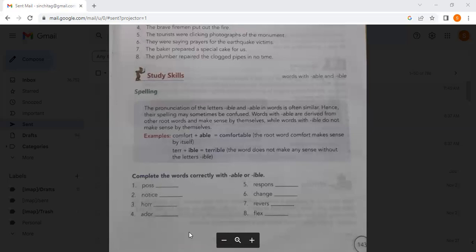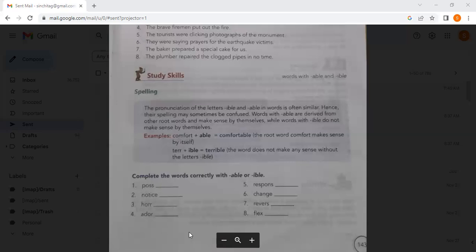Horrible. What is the spelling? Horr plus ible. Very good. Horr plus ible. Excellent. Now this one, number 4. Adorable. Adore plus able. Very good.